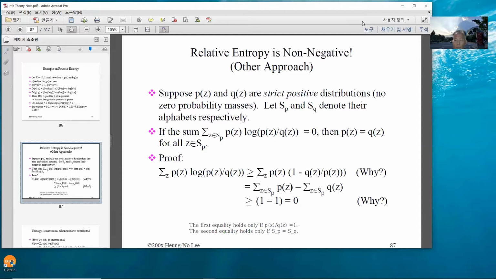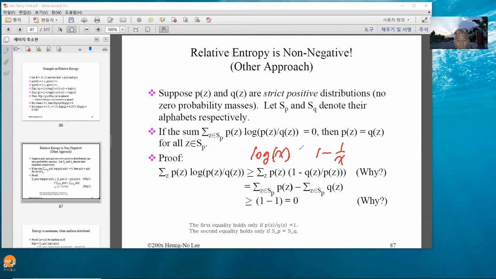So we can take a little closer look, and we can say that log of x, and then here 1 minus 1 over x. Okay, that is what we are doing.